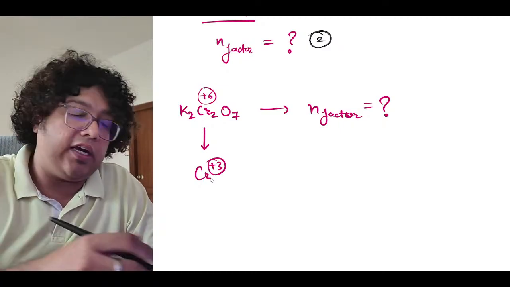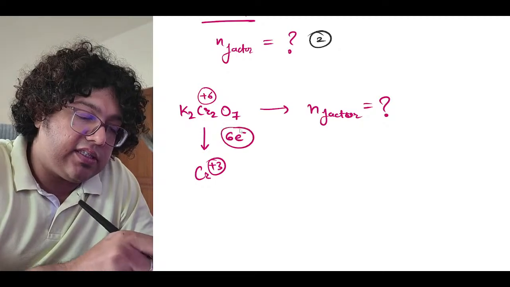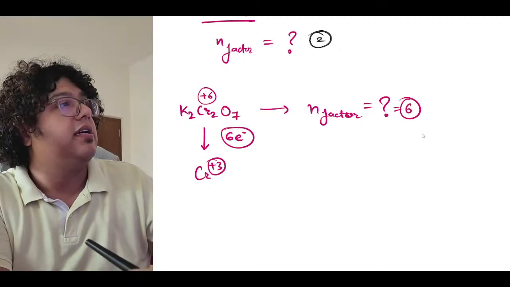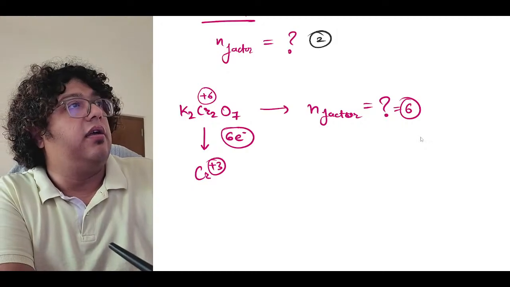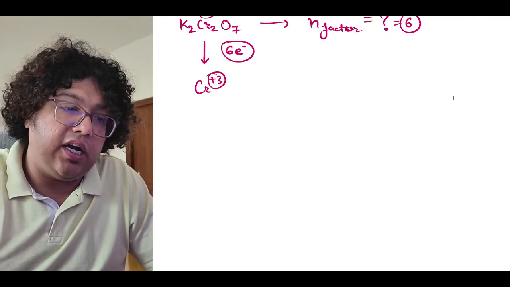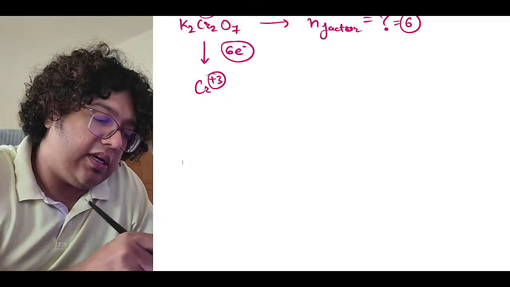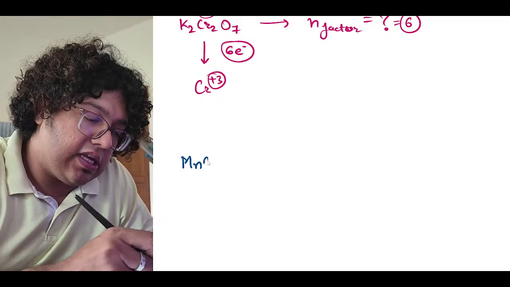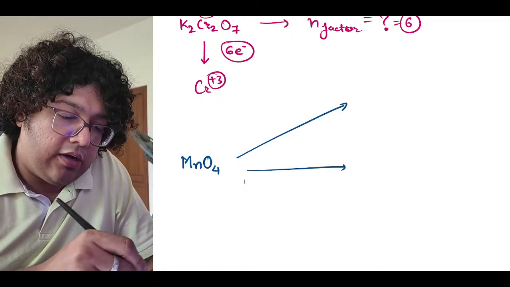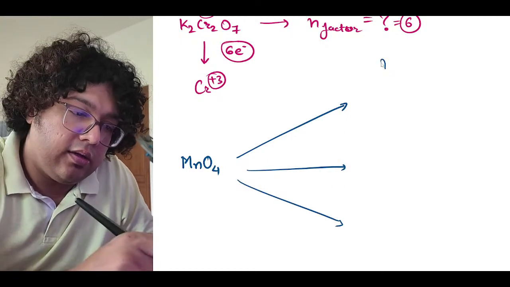So total number of electrons that will get exchanged will be 6 electrons. So the N factor for this one will be 6. Amazing. Anyone any doubt with this? If you have any doubt regarding this, please let me know, guys. This is one of the most basic concepts that we have to understand.